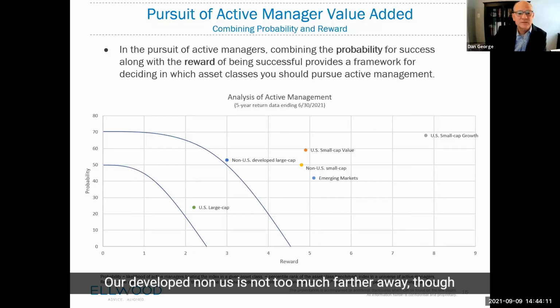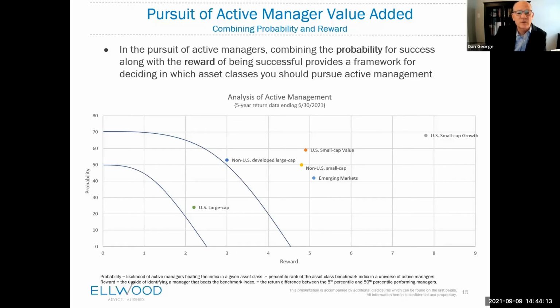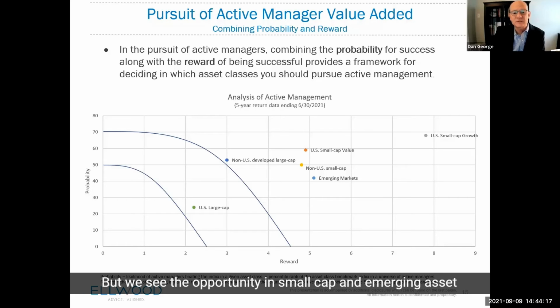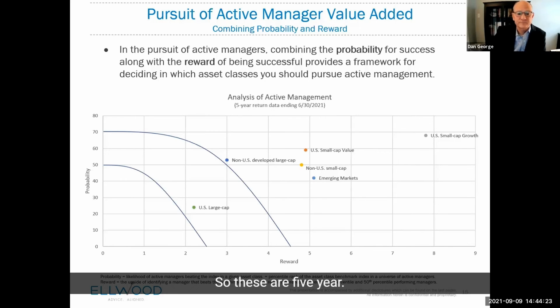Our developed non-US is not too much farther away, though it is differentiated from US large cap. But we see the opportunity in small cap and emerging asset classes differentiated from the developed non-US. So this is 5-year data.